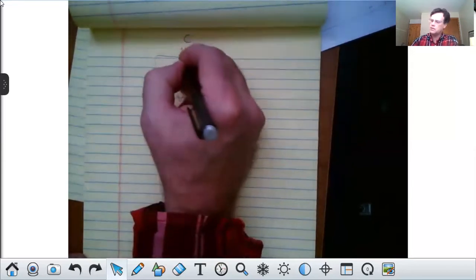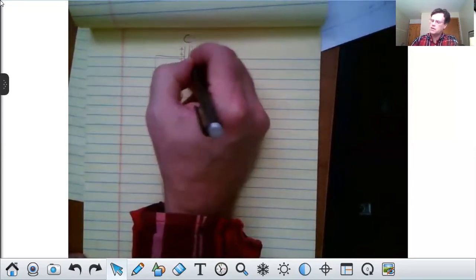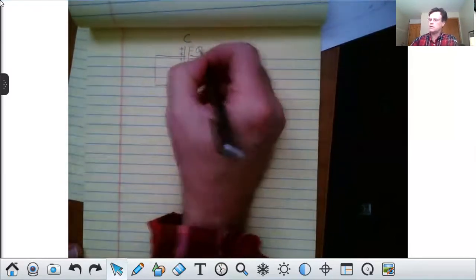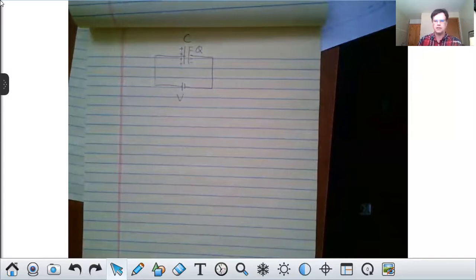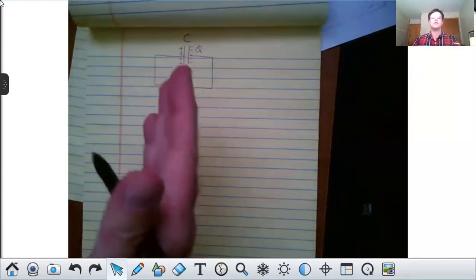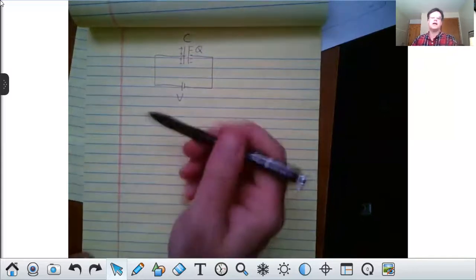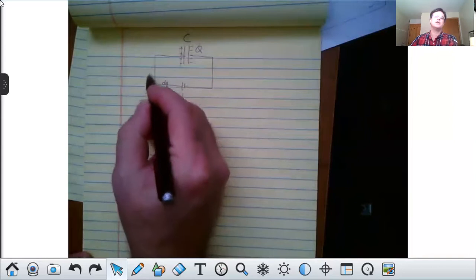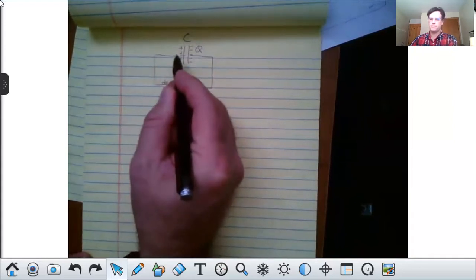So eventually you end up with a positive plate and a negative plate, and a certain amount of total charge Q on the capacitor. What we have to do to calculate the energy stored by the capacitor is to calculate the amount of work done as you push a little tiny piece of charge through here.